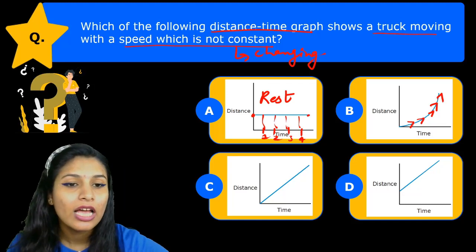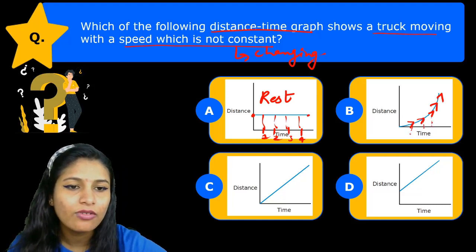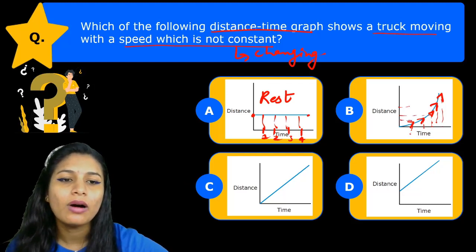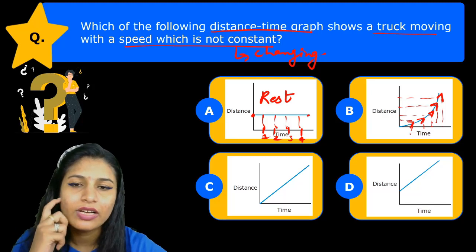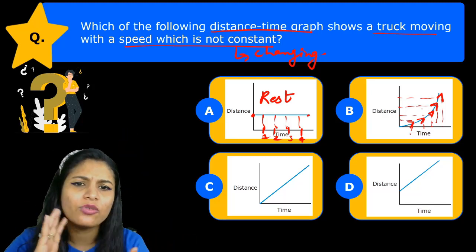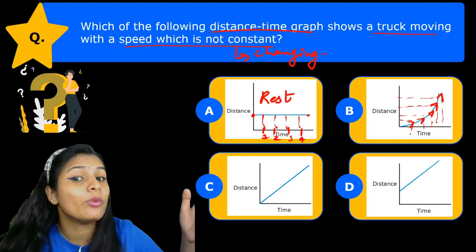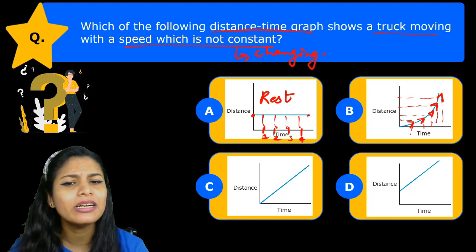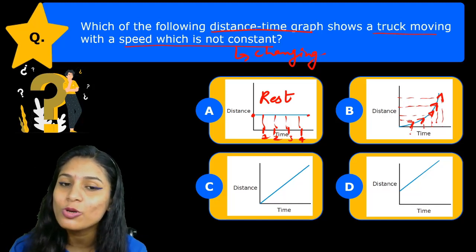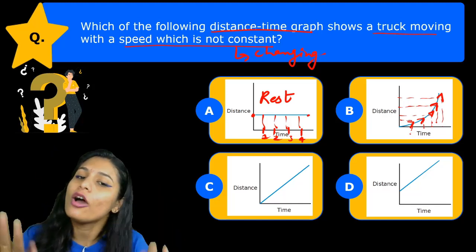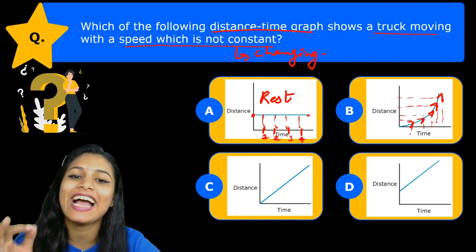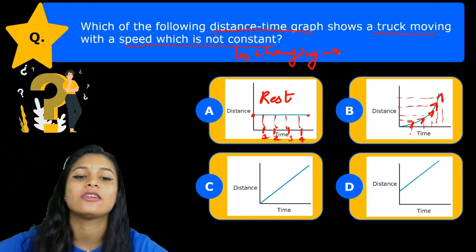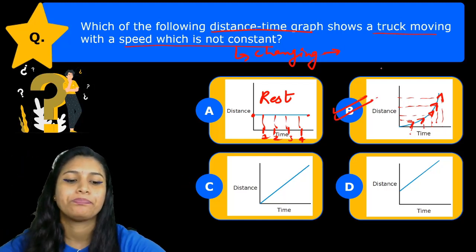If I take these intervals and mark like this, you can see from the graph that the body is not covering equal distance in equal intervals of time. So when a body does not cover equal distance in equal intervals of time, it is non-uniform motion. So if it is non-uniform motion, will the speed be uniform? No. So that means this graph gives us the speed which is not constant. So our answer is option number B.